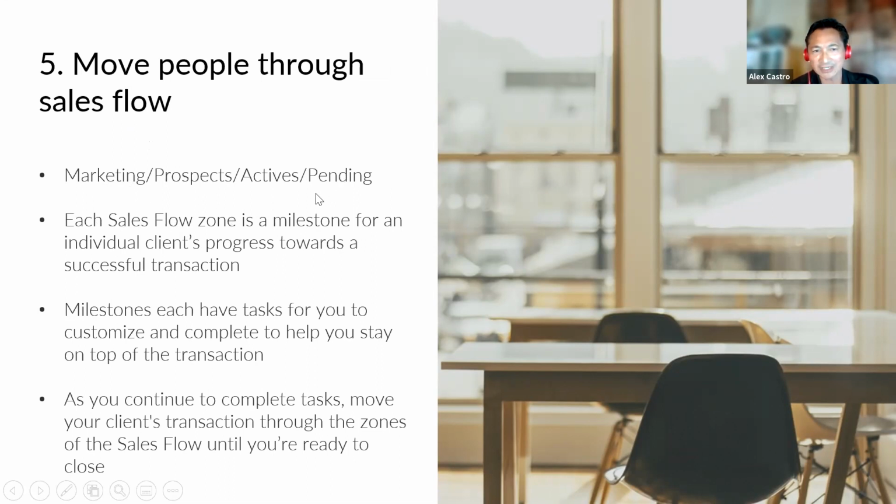Here's the zones, is a milestone for individual clients' progress towards a successful transaction. Milestones each have tasks for you to customize and complete to help you stay on top of the transaction. And as you continue to complete these tasks, move your client's transaction through the zones of the sales process or the sales flow until you're ready to close.